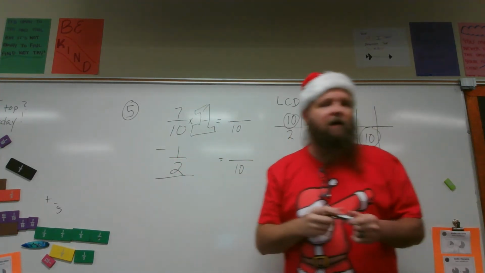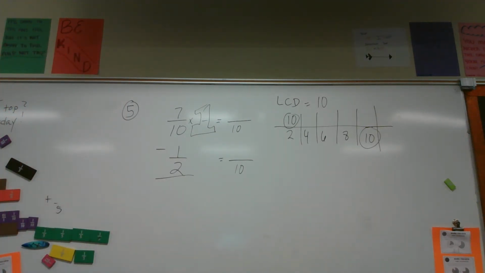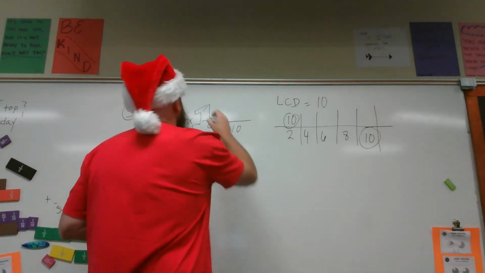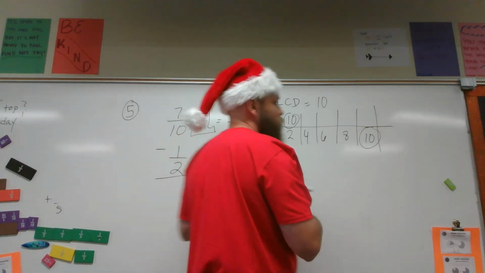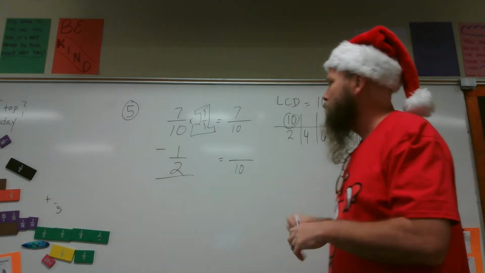Because if I multiply something by 1, I don't change the value. Well, 7/10 already has a denominator of 10. So if I just multiply that by 1 over 1, that's going to equal 1. And so 7/10 times 1 over 1 equals 7/10.